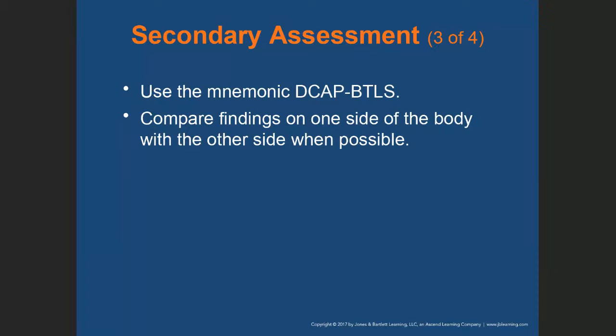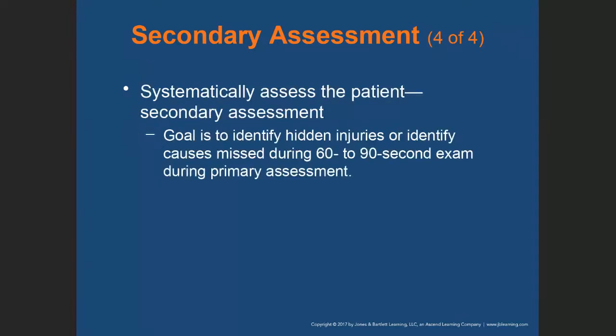Compare findings on one side of the body with the other side when possible. Systematically assess the patient. The goal is to identify hidden injuries or causes missed during the 60 to 90-second exam during your primary assessment.